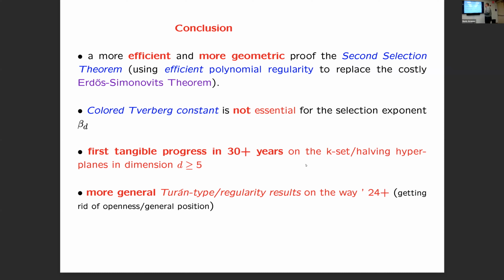We also made the first progress in 30 plus years on the case of halving hyperplanes in general dimension d. And more semi-algebraic regularity results are probably on the way.